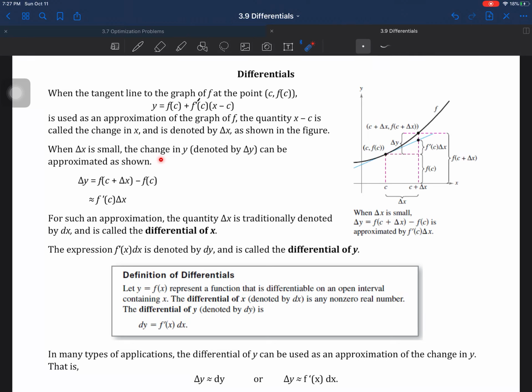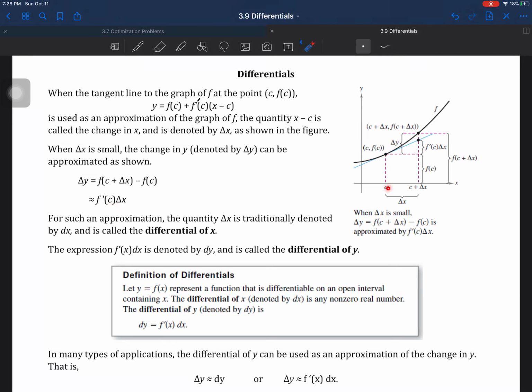Then we can say the change in y, which is denoted delta y, can be approximated. The difference of those two can be approximated by multiplying the derivative of f at c times delta x.